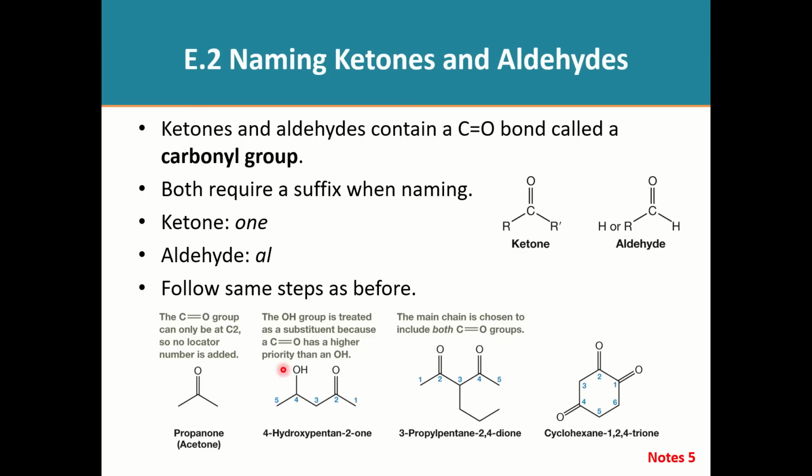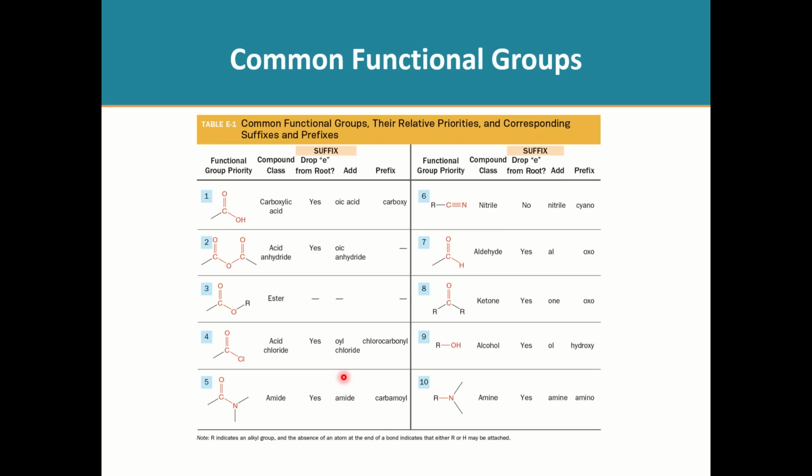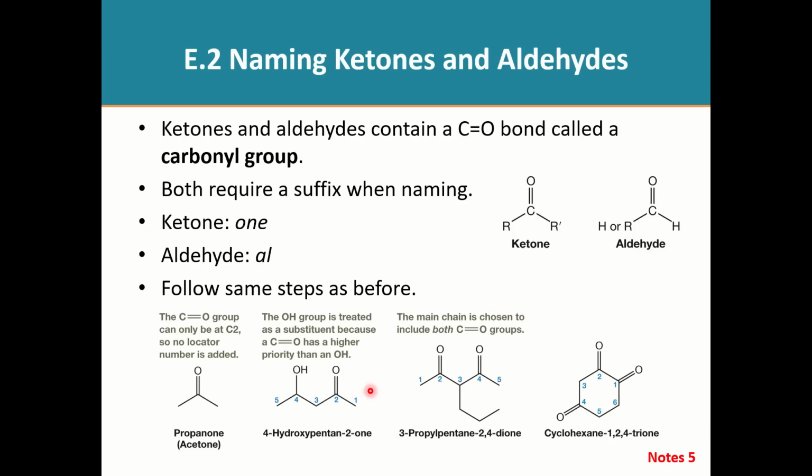We also see that we have an alcohol and we have a ketone. If we go to our table, we clearly see that a ketone is above an alcohol, so the ketone takes precedence. So that means that the suffix has to be the -one. It's not pronounced one, it's pronounced -one.